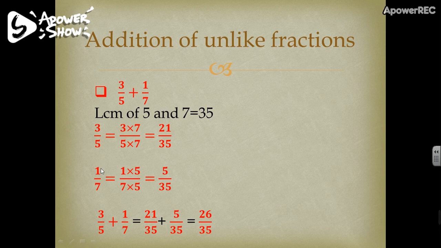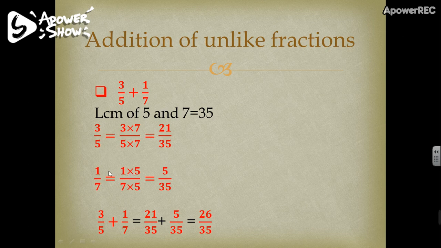Now we are finding an equivalent fraction of 1 by 7 having denominator equal to 35. Again we have to multiply 7 by some number, and since we have to make this denominator equal to 35, we have to multiply 7 by 5. Since we are multiplying the denominator by 5, we have to multiply the numerator also by the same number 5.